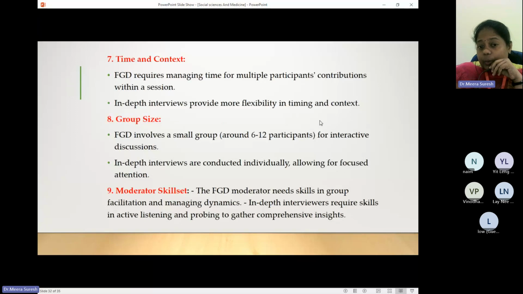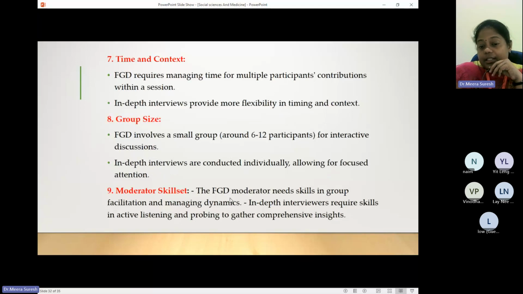But in in-depth, we can be more flexible with time and context. We can even have, for example, an after-job evening five-minute slot. FGD is always 6 to 12, and I told 6 to 10, right? It's 6 to 12, but it's ideal to have lesser numbers. In-depth interviews will be individual.